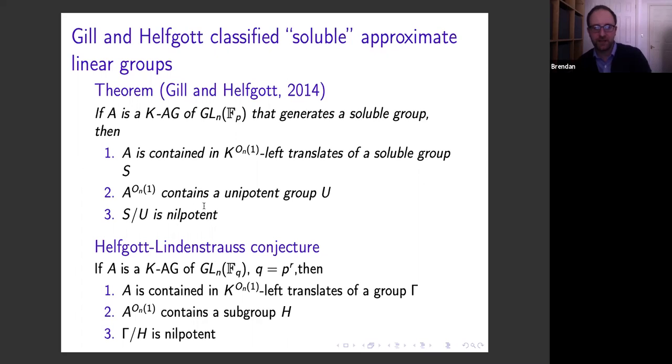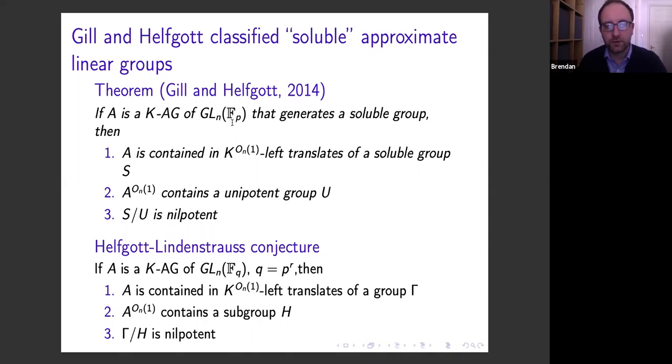You can say actually that this nilpotent part looks like a nil progression by a finite group in some sense. Okay, so Gill and Helfgott reduced the case of soluble approximate groups to essentially proving structure for nilpotent approximate groups, and that's been done.